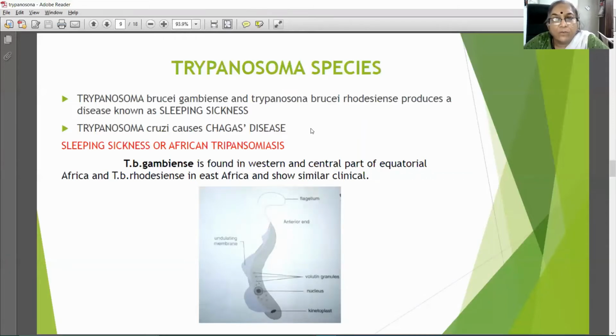are found in Africa, and the distribution of this parasite is quite different. The disease is seen in the northern part of Africa, whereas Chagas disease is seen in Central and South America.